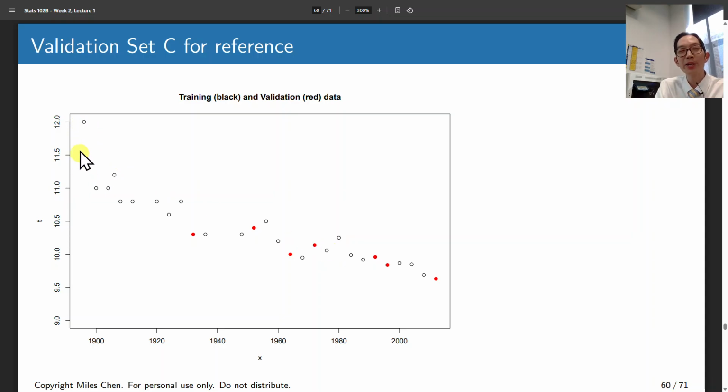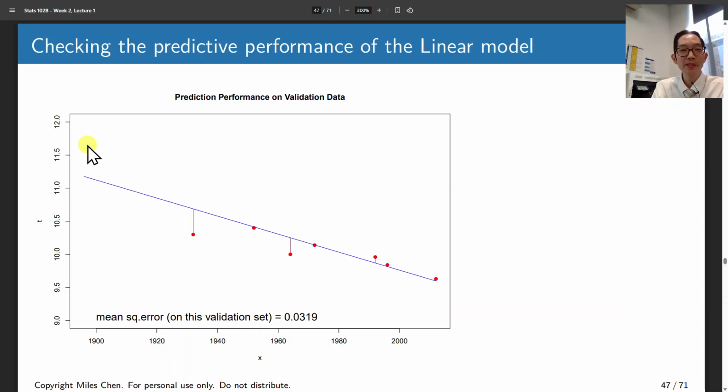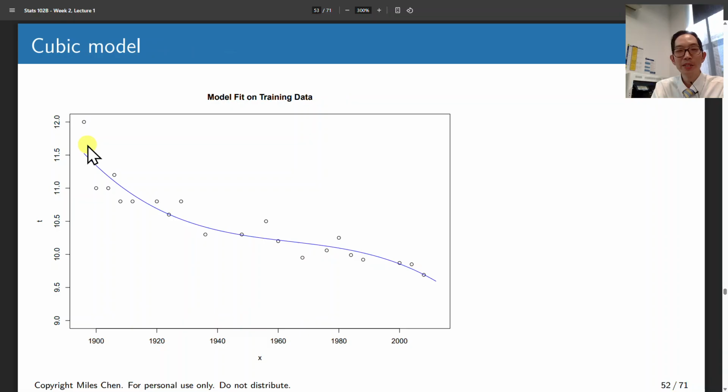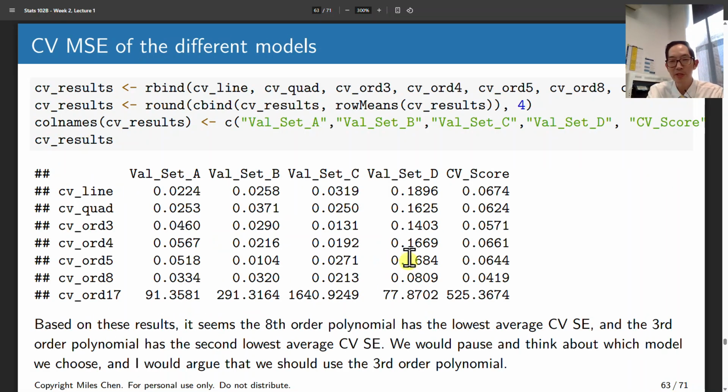Then when you measure the error on that one, it's going to be way bigger than everything else, okay? So that's what's going on with validation set D. And when you have the 8th order polynomial and so on, it's able to, perhaps by coincidence, fit that one point pretty well, okay?